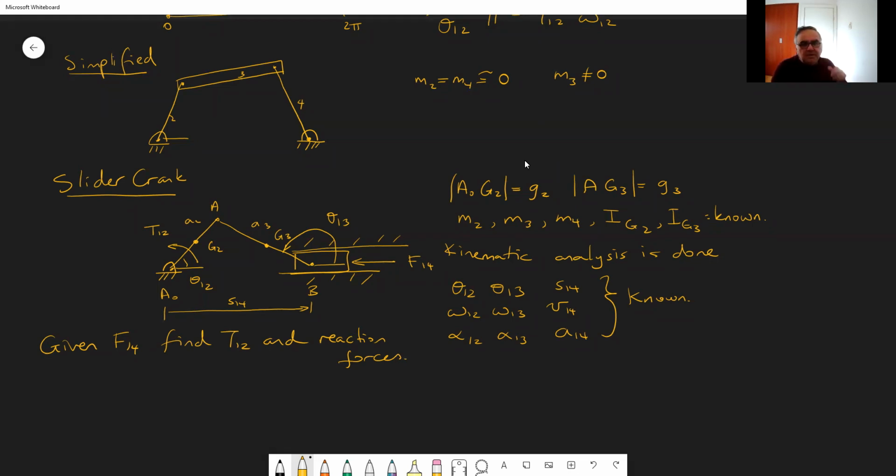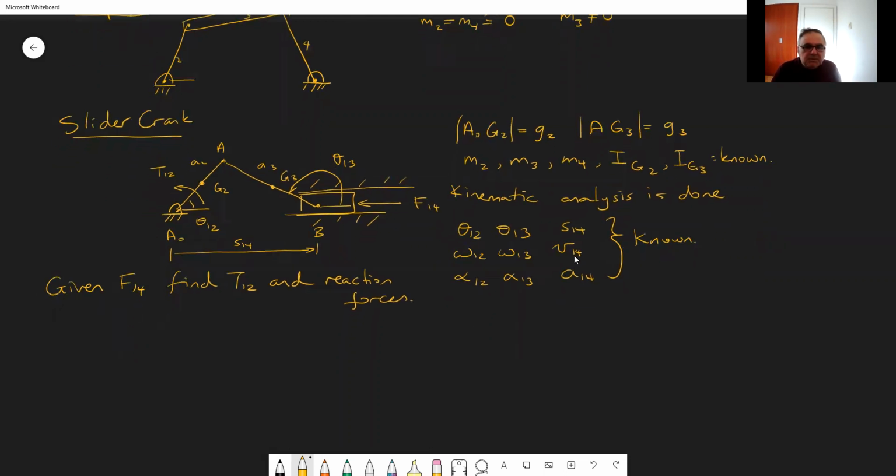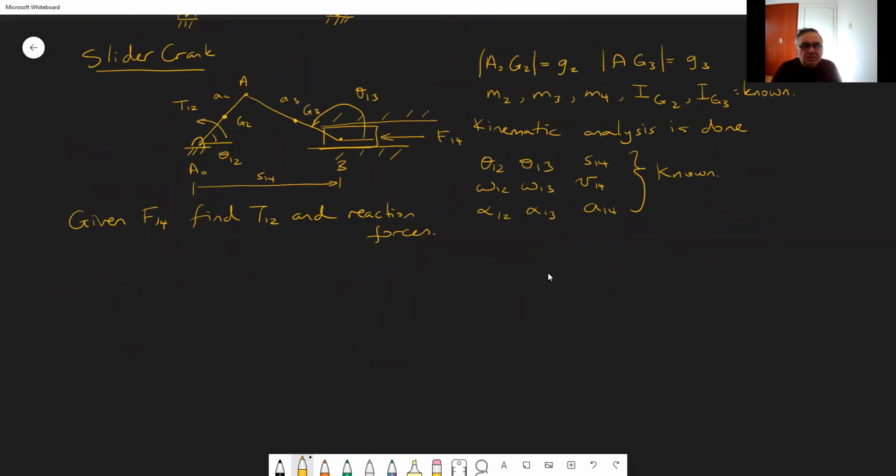Okay, we need to find the acceleration of the mass centers of each link. Well, links 2 and 3 actually. This is link 2. And this is link 4. For link 2, this is A0.